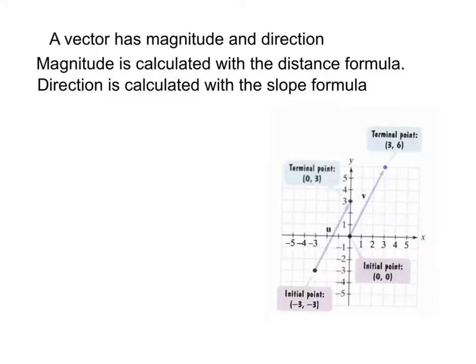Magnitude is calculated with the distance formula, and direction is calculated with the slope formula. I'm interested in determining whether these two vectors are equal, so let's find the distance from initial point to terminal point for each of these vectors, and the slopes, and then we're going to compare them.